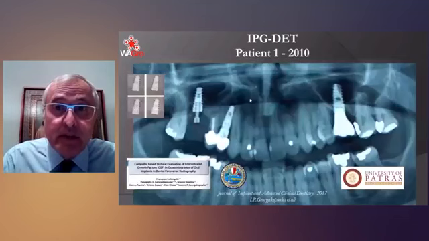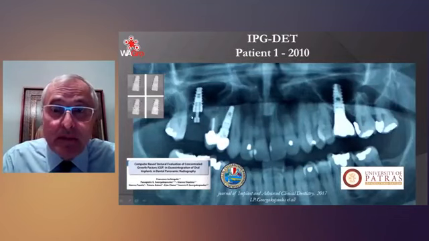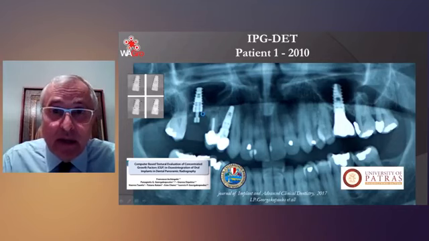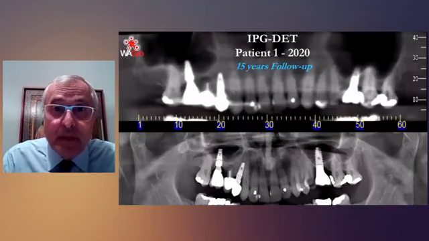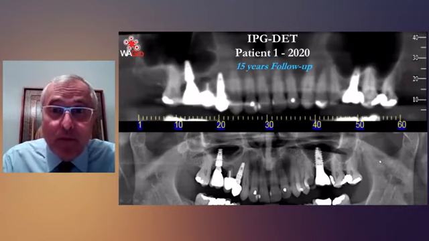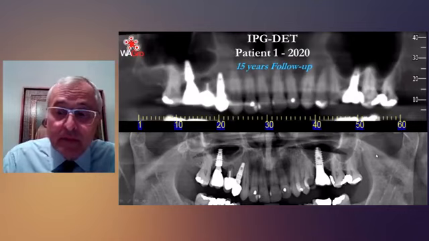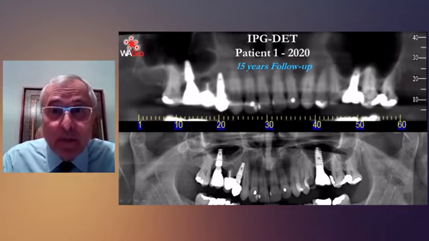A few years later, we placed another implant on the other side, also with IPG technique. And today, a month ago, you can see the CBCT and the panoramic X-ray follow-up of 15 years. You see the implants into the sinus, 15 years post-op.